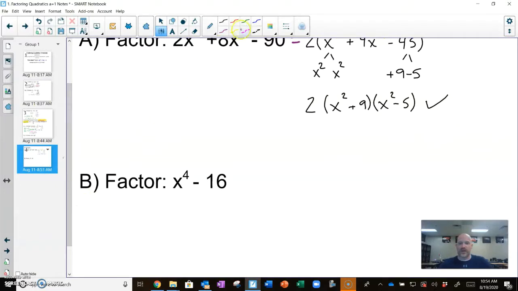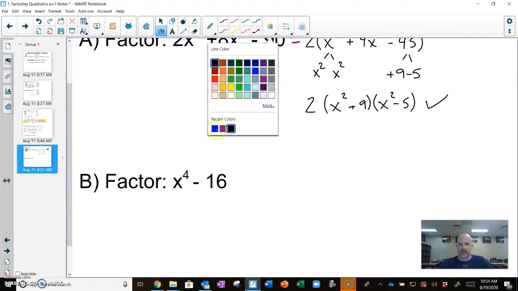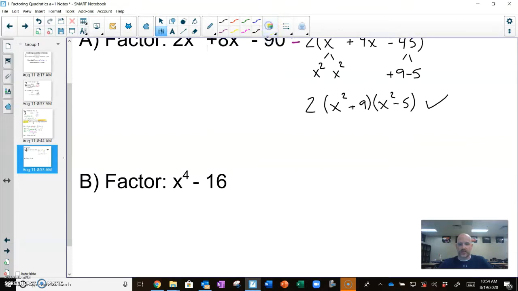Okay. The other way that we can do that with other quadratic style trinomials is if we go and look at something like the second example here, or our second challenge, which is factoring x to the 4th minus 16. Well, this looks like a difference of squares. So maybe I can factor it like it is a difference of squares, because 16 I can take the square root of.